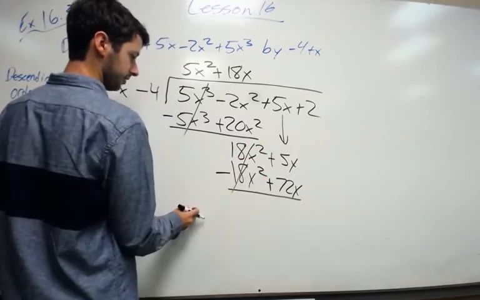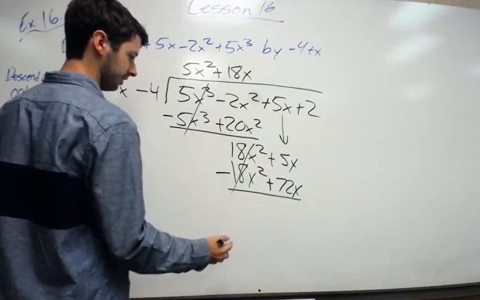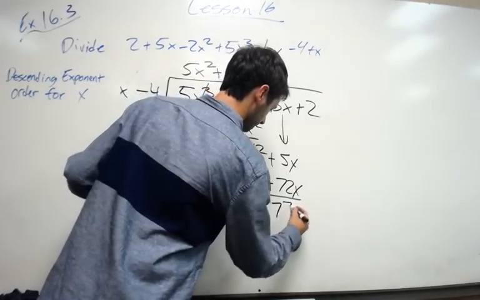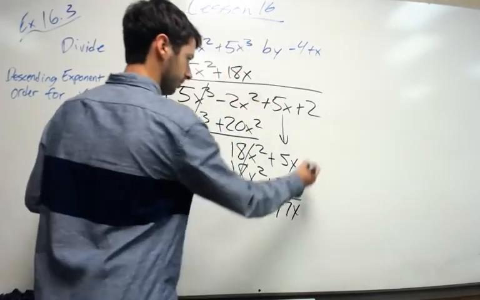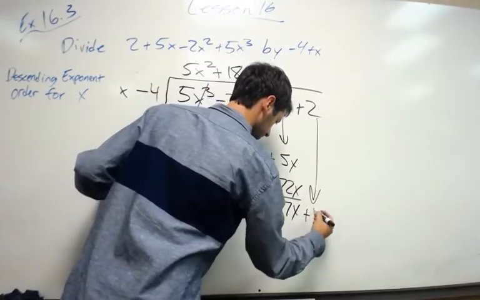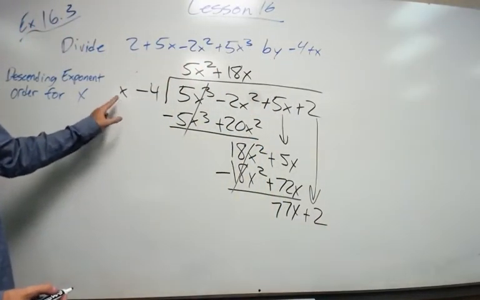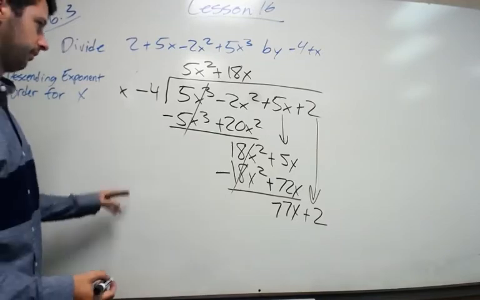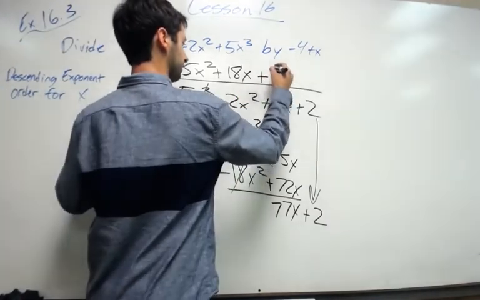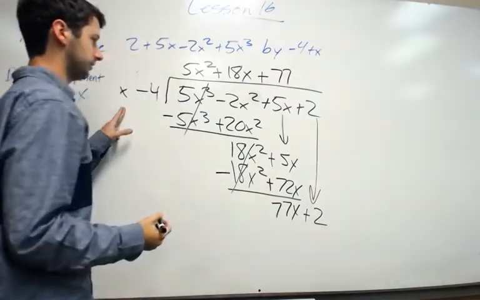Those cancel. 72 and 5 is 77x. Bring down the 2. How do we match x to 77x? Well, we multiply by a positive 77.